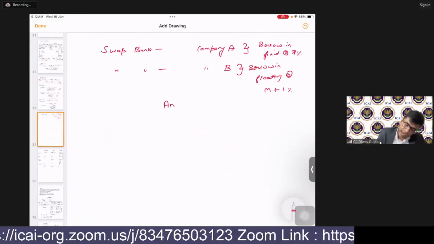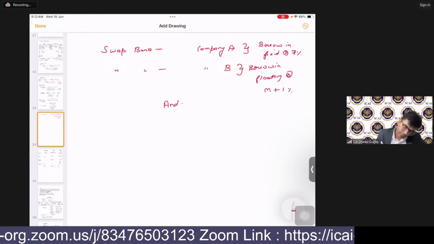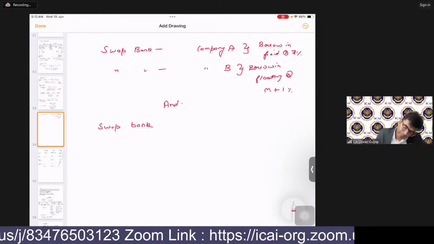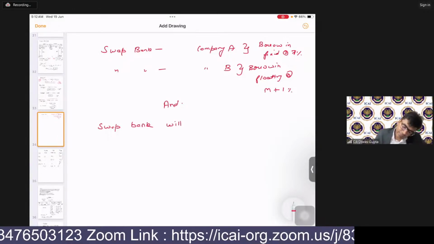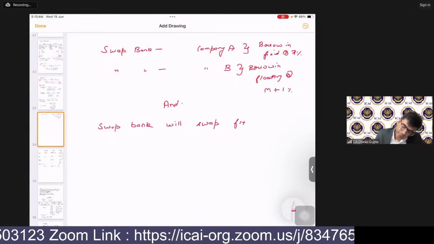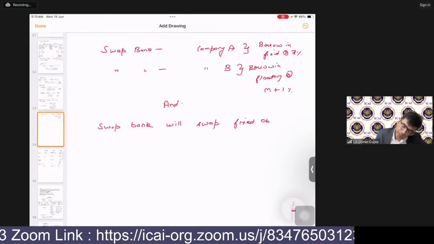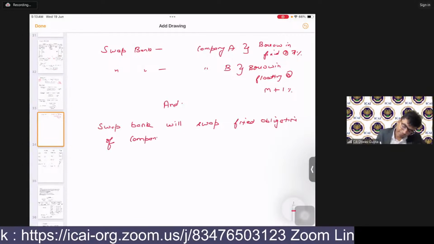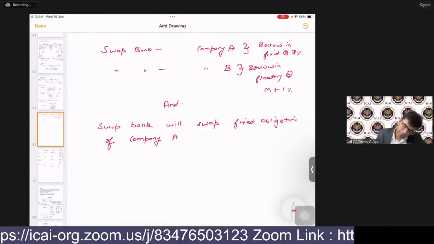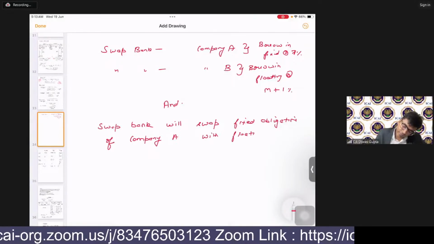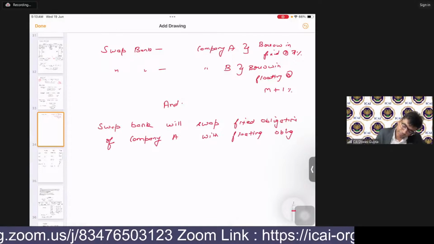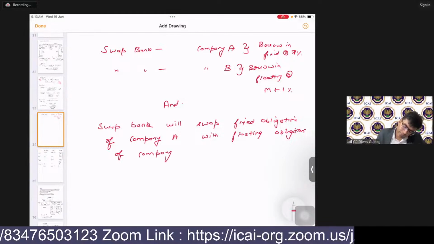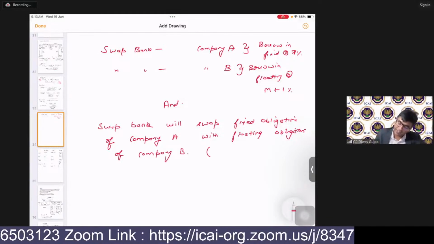So this is there, and swap bank will swap fixed obligations of company A with floating obligations of company B. Definitely with some difference, right?